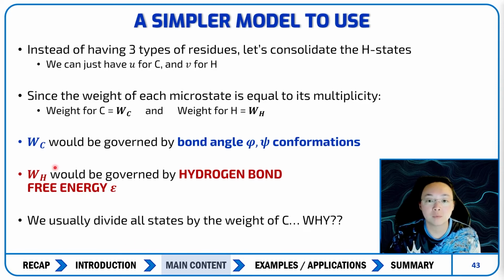So WC, which is the multiplicity of the coil formation, would be governed by bond angle, phi and psi conformations, and WH, which would be the multiplicity for the helix state. These would be governed by hydrogen bonds, and with that, there's going to be a hydrogen bond free energy, which we call epsilon. So just know where those terms come from and why we use these types of terminologies to describe the statistical weight for the two different states we have.